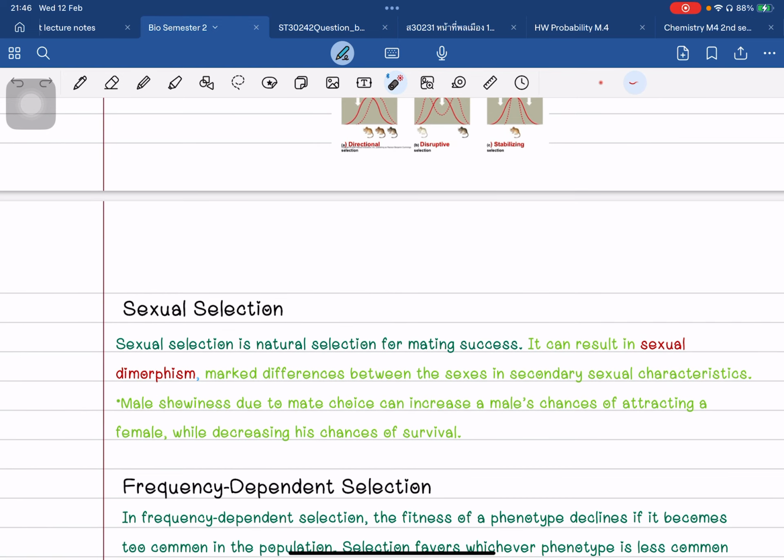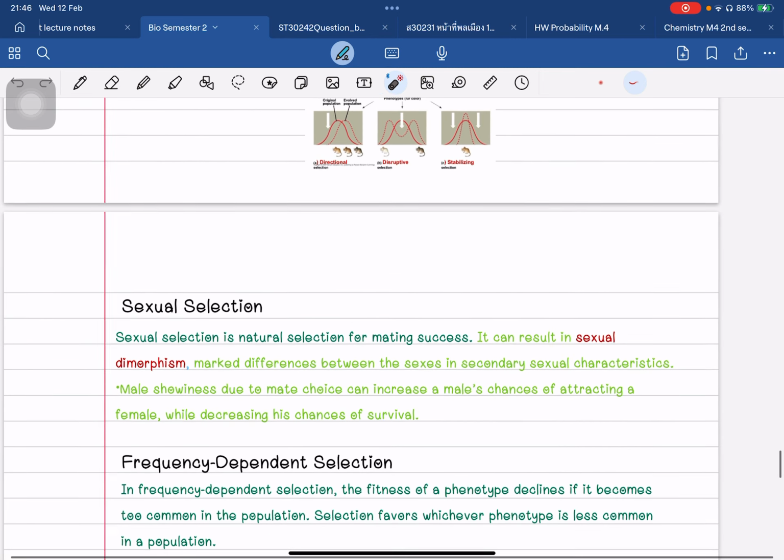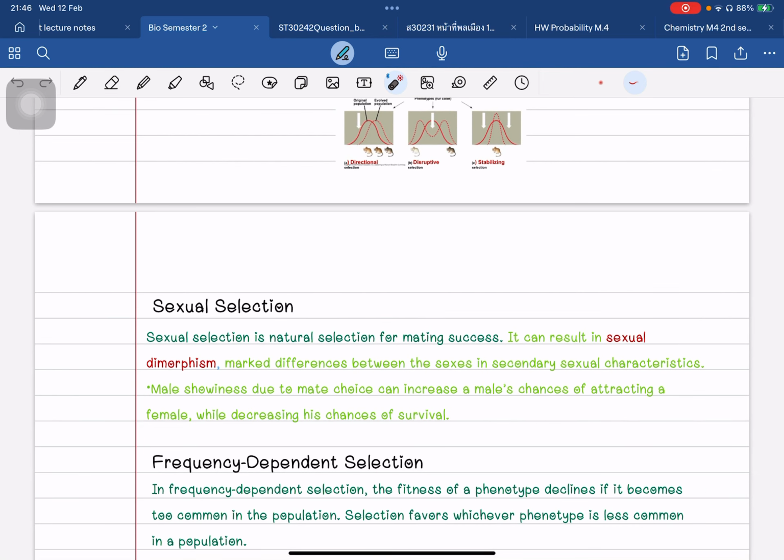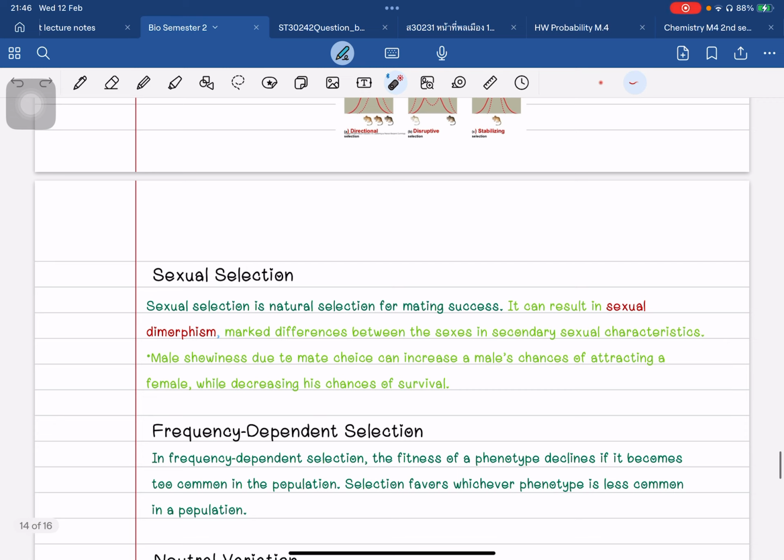Okay, and the sexual selection. Sexual selection is the natural selection for mating success. It can result in sexual dimorphism, a marked difference between the sexes, and secondary sexual characteristics.